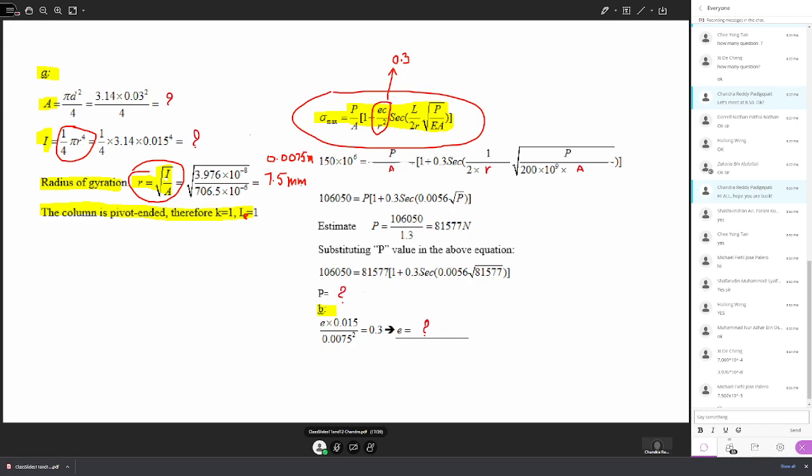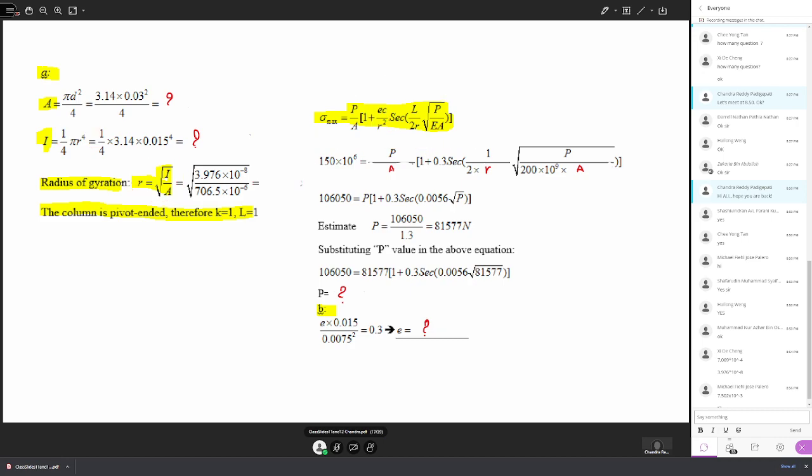Then we know that the effective length L is equal to 1. So now we can use the secant formula, and the maximum stress is given as the yield stress, 300 megapascals. So sigma max is given as 300 megapascals.